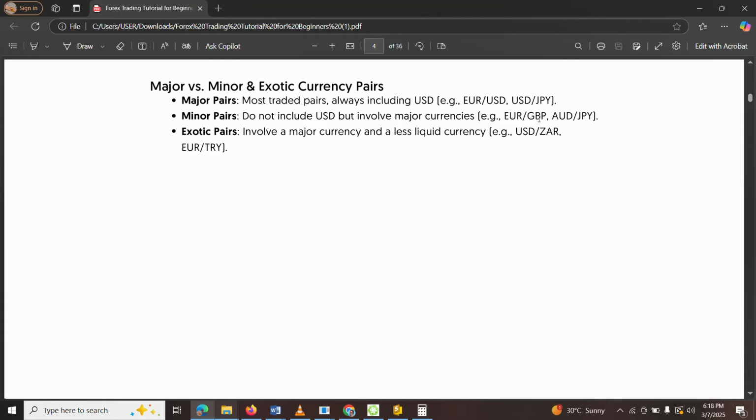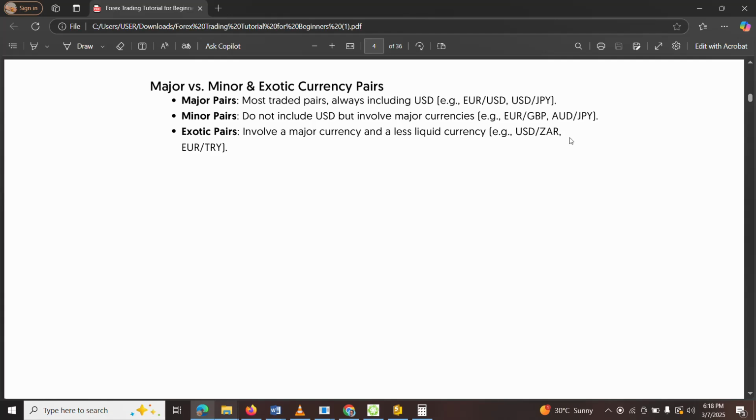Then we have Australian dollar and Japanese yen. And then again we have others that are called exotic pairs. This one involves a major currency and a less liquid currency, e.g. the US dollar and the euro TRY, and then USD ZAR.